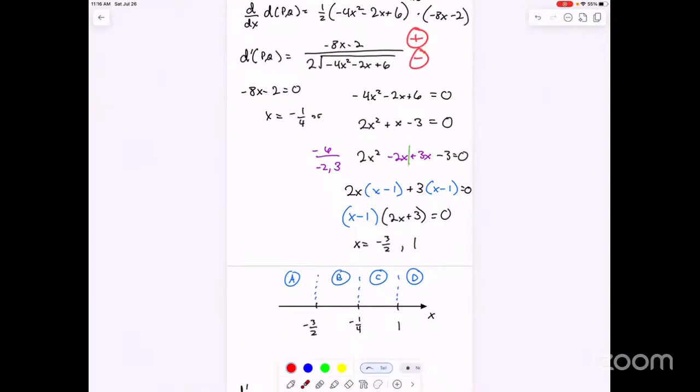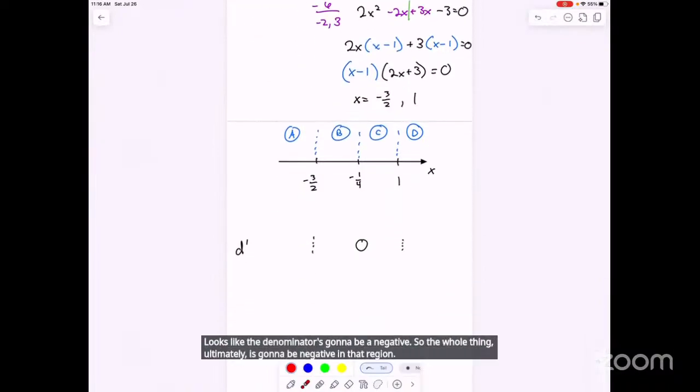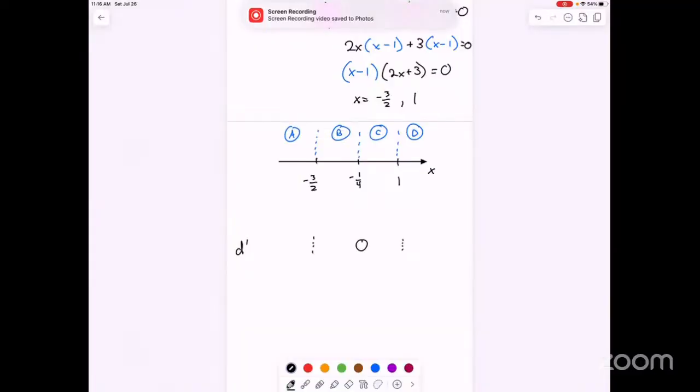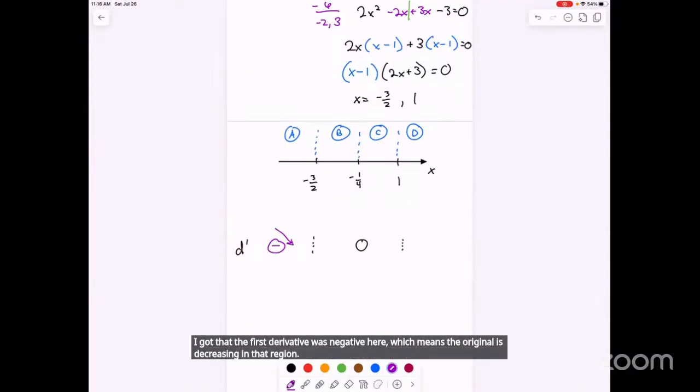Looks like the denominator is going to be a negative. So the whole thing ultimately is going to be negative in that region. So I got that the first derivative was negative here, which means the original is decreasing in that region.